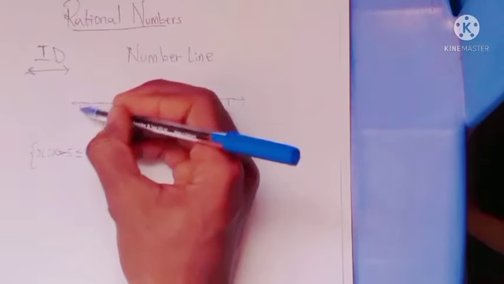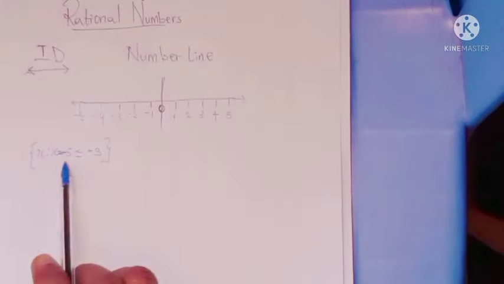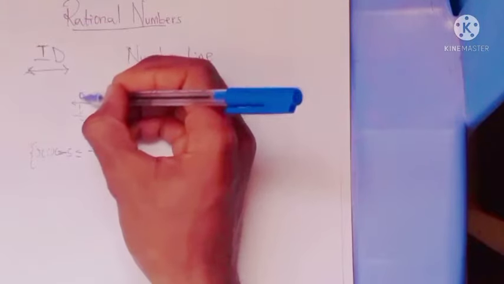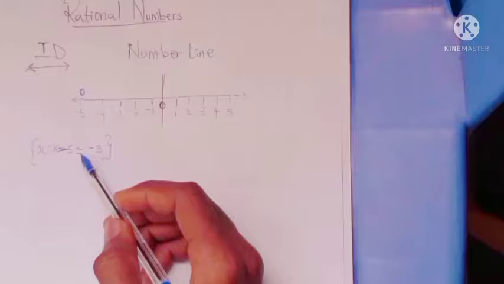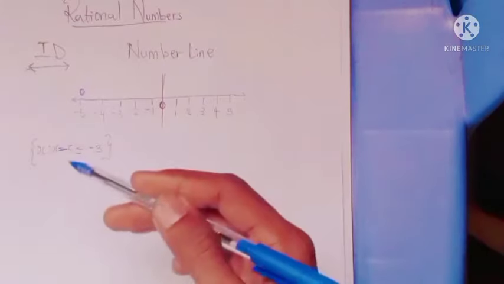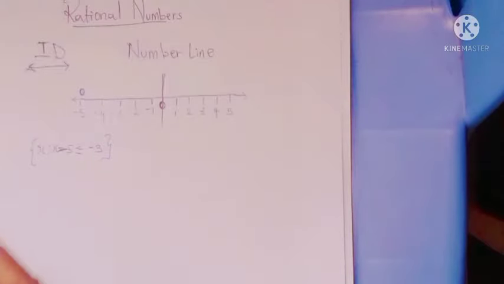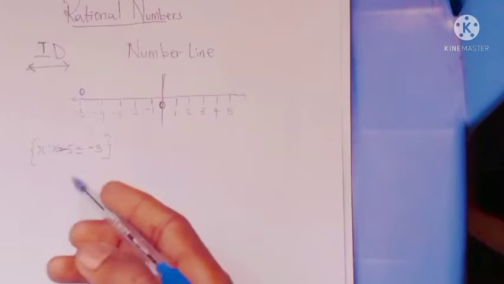Over here now we have -5. So what are we going to do? When we have our -5, then let's draw a circle over here. We know that whenever we have a less than sign, then the number that has been written before that less than sign is not going to be included in whatever you're doing. But once the equal to sign is involved, then that number is included.